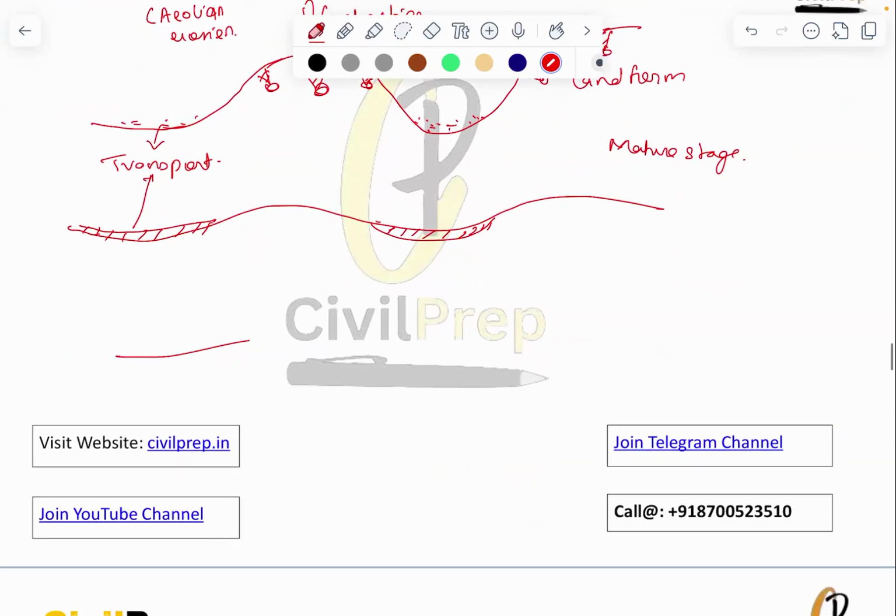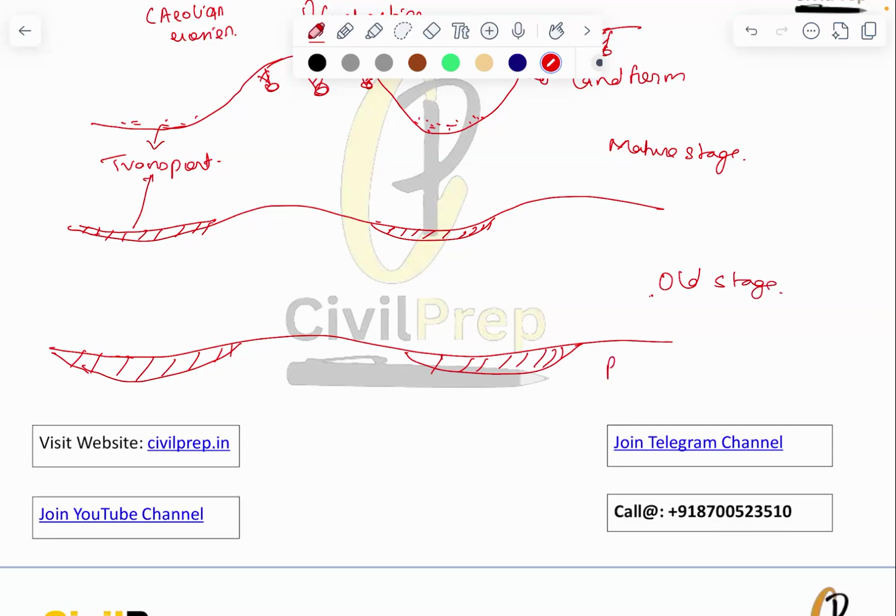And in the third phase, we have almost a peneplain formed. This is the old stage, and here we see the formation of peneplain.